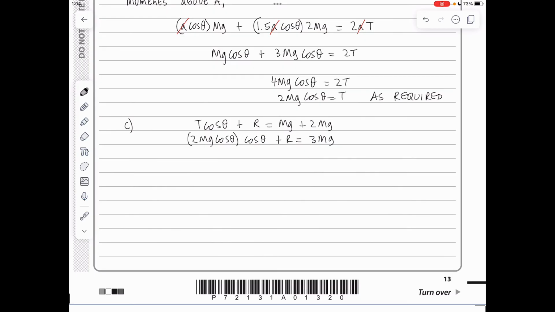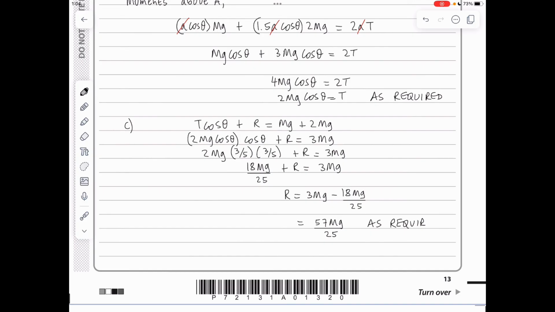We can now replace cos theta with 3 over 5. So 2mg times 3 over 5 times 3 over 5 plus R is equal to 3mg, which leads to 18mg over 25 plus R is equal to 3mg, and therefore R turns out to be 3mg minus 18mg over 25, which is equal to 57 capital Mg over 25, as required.